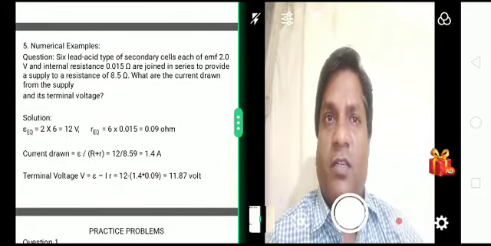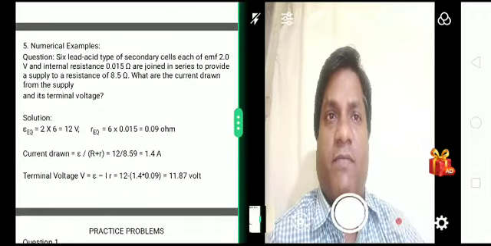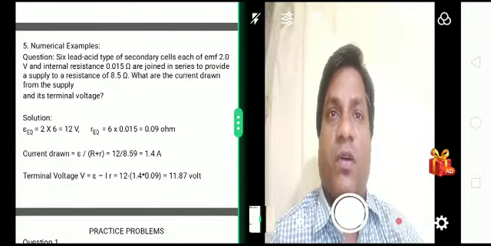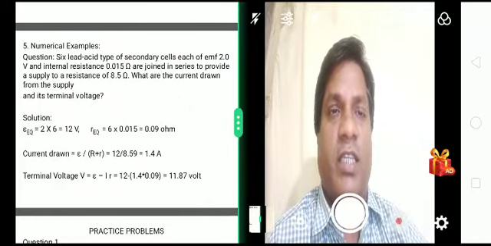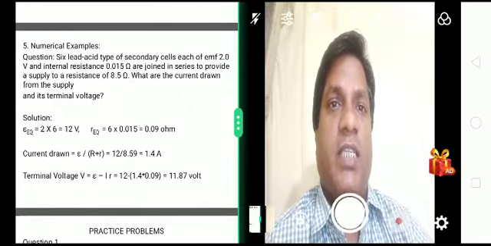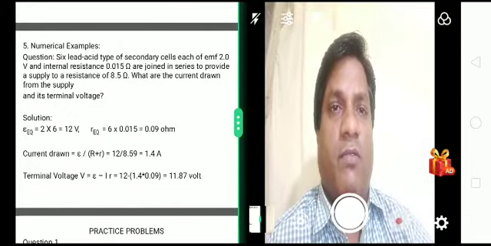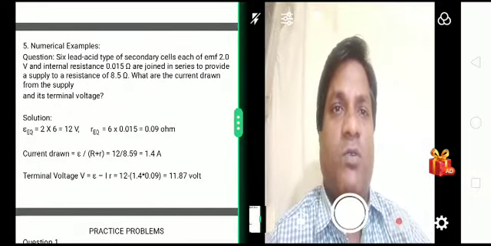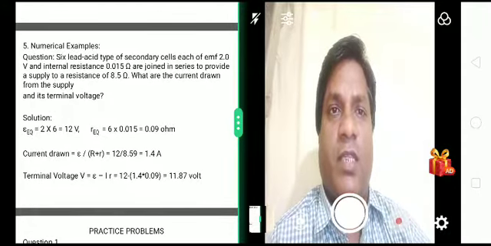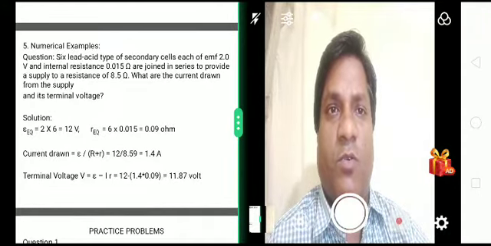Now you can see here the equivalent EMF of the 6 lead acid type secondary cells, since they are connected in series, will be 6 into 2, that is 12 volt, whereas the internal resistance of the 6 cells will be 6 into 0.015 ohm, that is equal to 0.09 ohm.